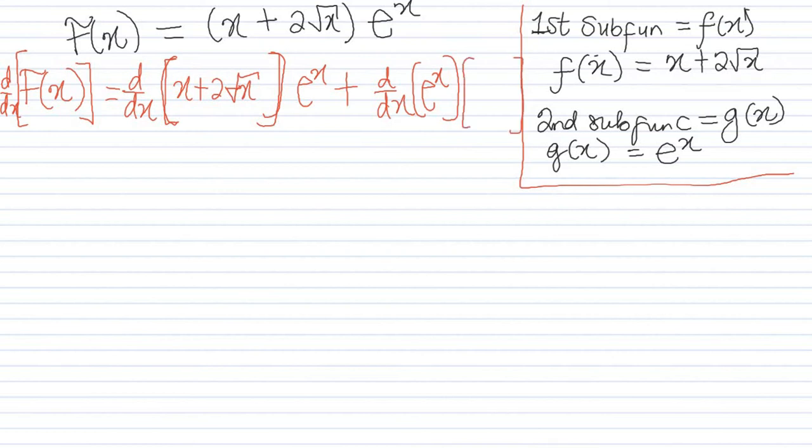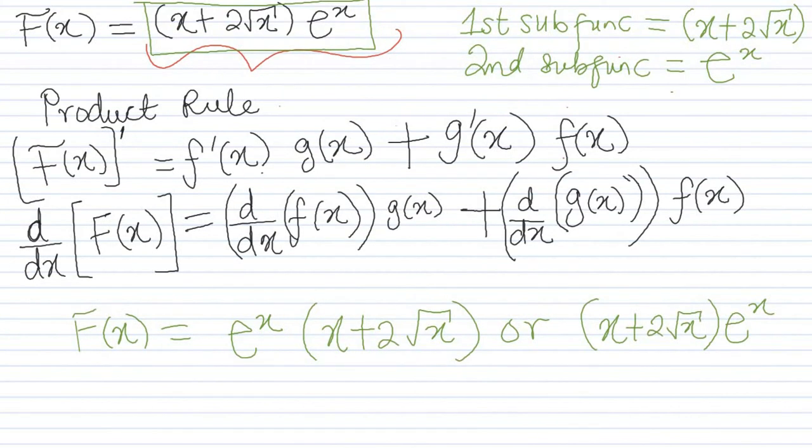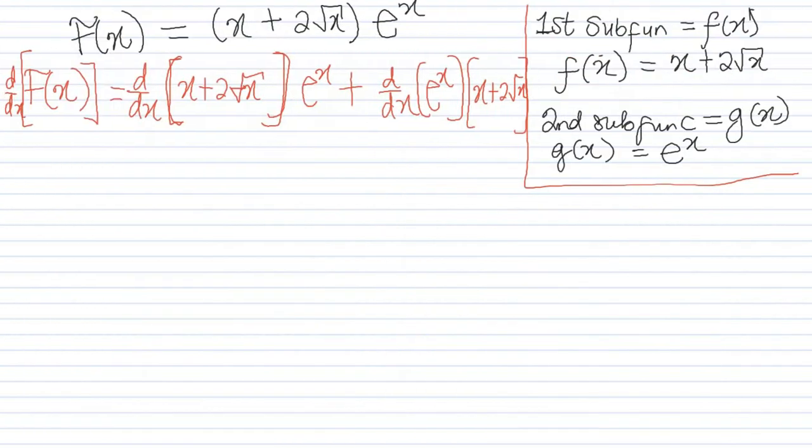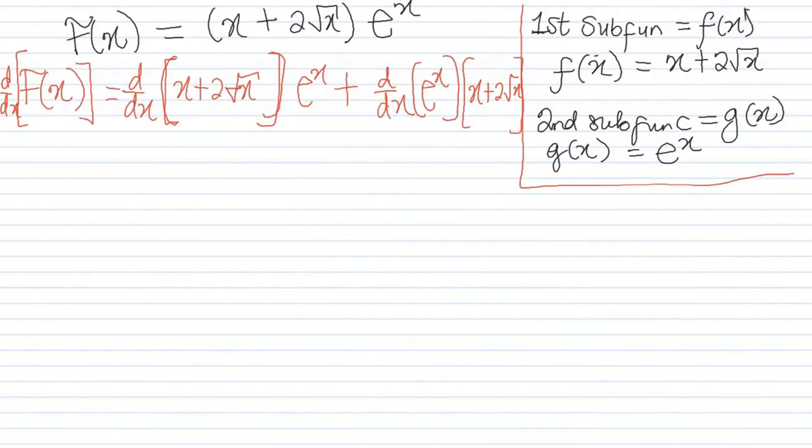So in this case, we have x plus 2 root x. If you're confused, please go back to the previous page and you're going to be able to see what's going on. So now let's start solving.